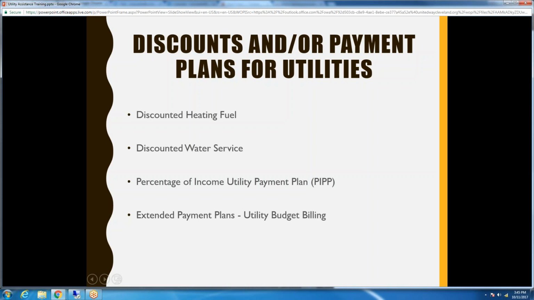All right. So we'll now go over discounts and payment plans for utilities. And here are the taxonomies used for this type of help.